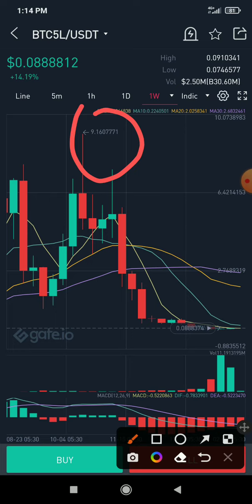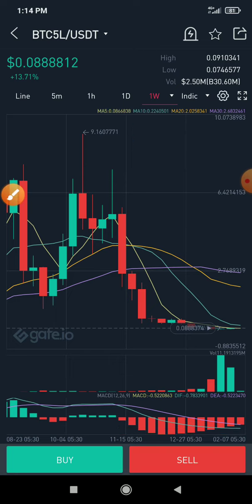In this way, if the price is up and up, then we have to buy 5L BTC.